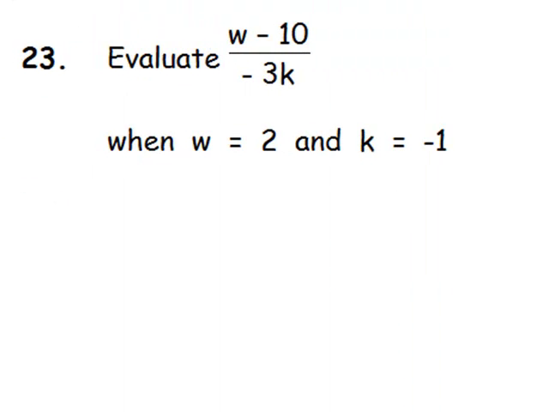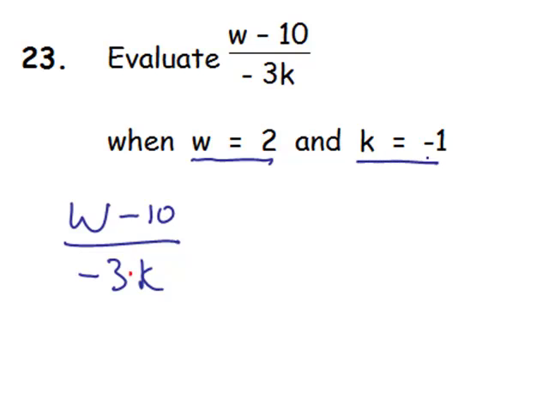In number 23, we're asked to evaluate an expression, w minus 10 over negative 3k. And of course, what's implied in the denominator is negative 3 times k. And we're supposed to put 2 in for w and negative 1 in for k, so let's see what this becomes.